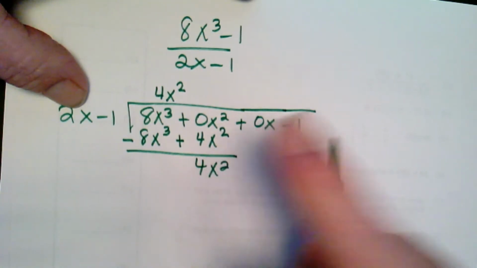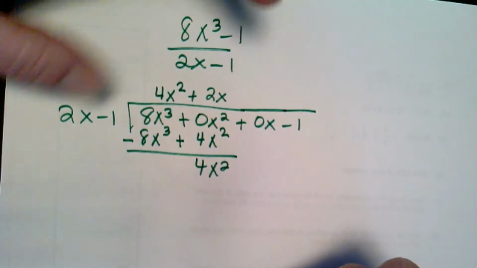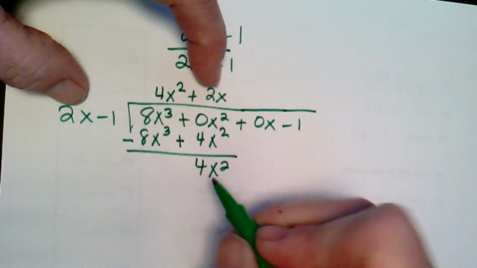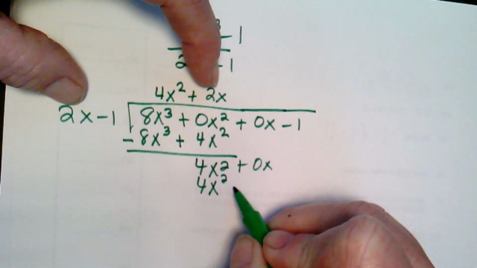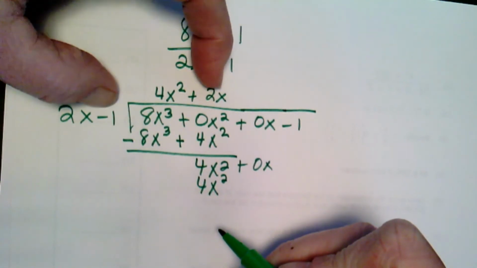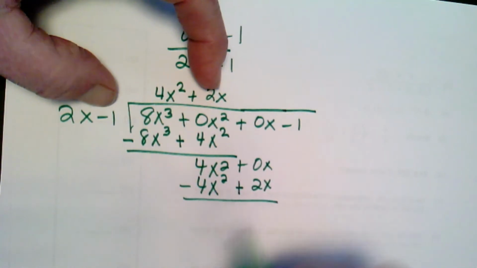Alright, when I do 0 plus 4, I get 4x squared, and then I start again. 2x goes into 4x, 2x times 2x is 4x squared. Oh, I forgot to bring down my next. 2x times negative 1 is negative 2x. Change the signs of both.